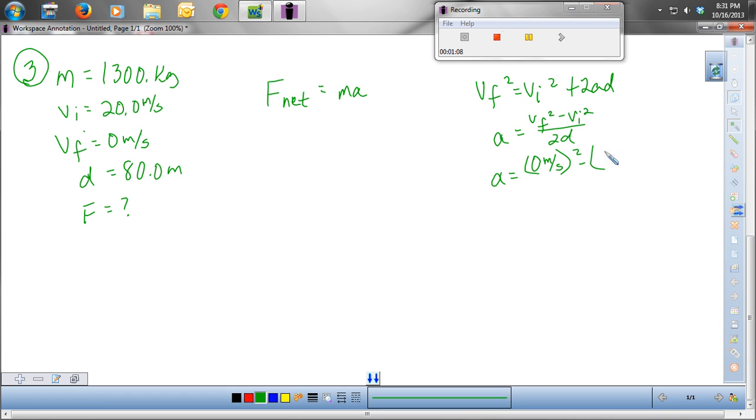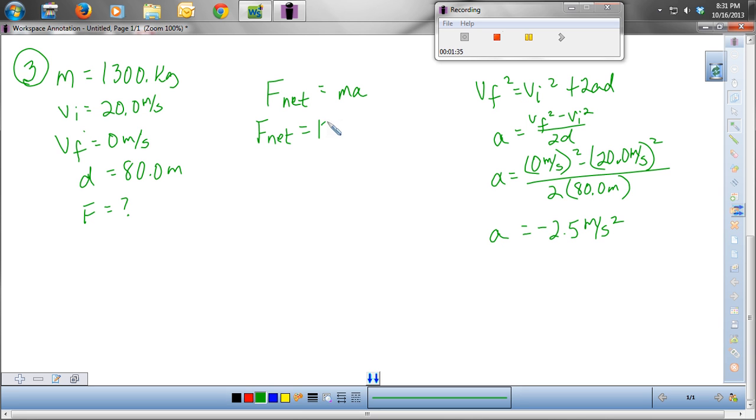VI is 20. 2 and D is 80.0. So I got my acceleration when I solved that. And my value for my acceleration was negative 2.5 meters per second squared.